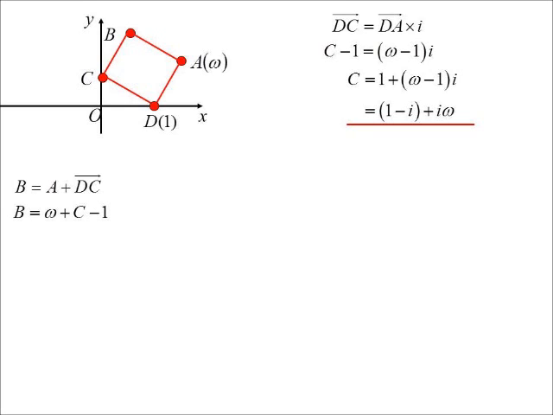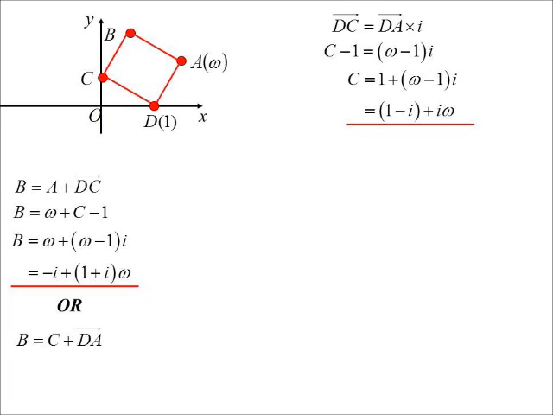But we also have just worked out what C was. So tidying that up, we end up with a final answer there of minus i plus 1 plus i omega. Another way I could have worked out B, I could have said to the point C, I've added on the vector DA. Should get me the same answer.